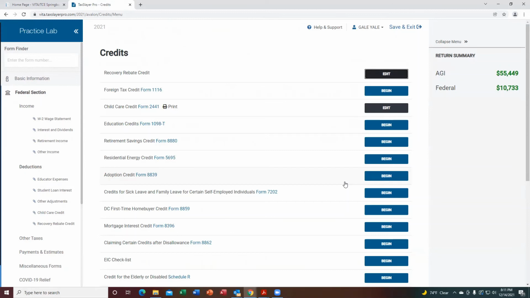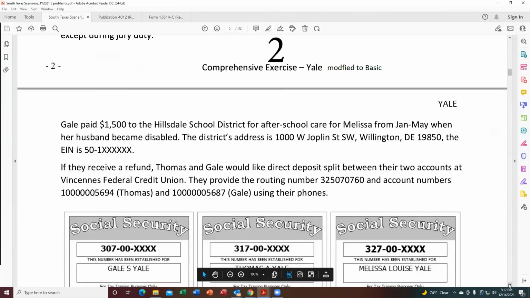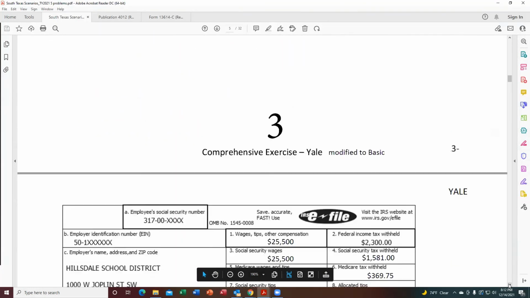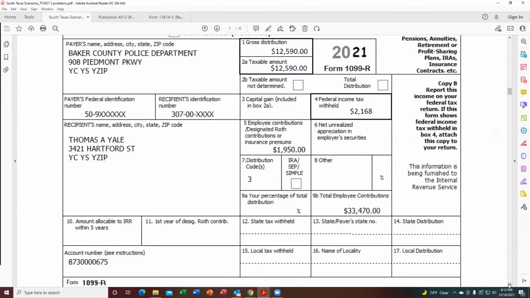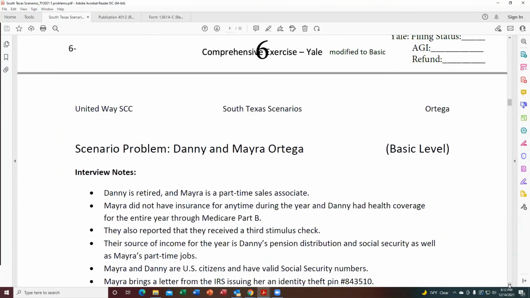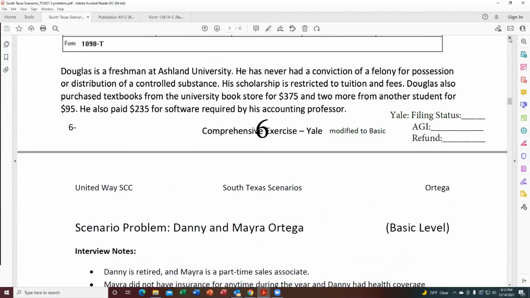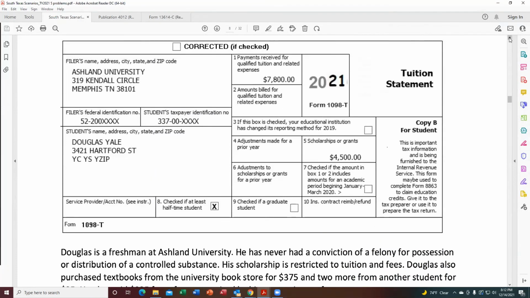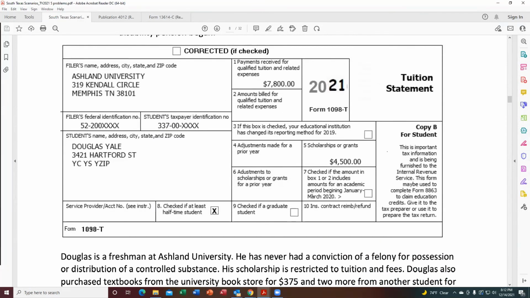Okay, so I believe the last item we have for the credits is a 1098T, which is the education credits. So I'm gonna go back to the information. And the education credit right here for Douglas.